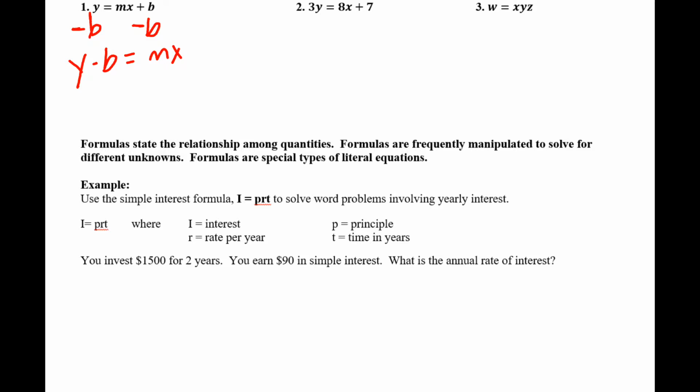It's multiplying, so I'm going to divide both sides by m, and that leaves me with x equals, so I'll have x by itself here, y minus b over m.